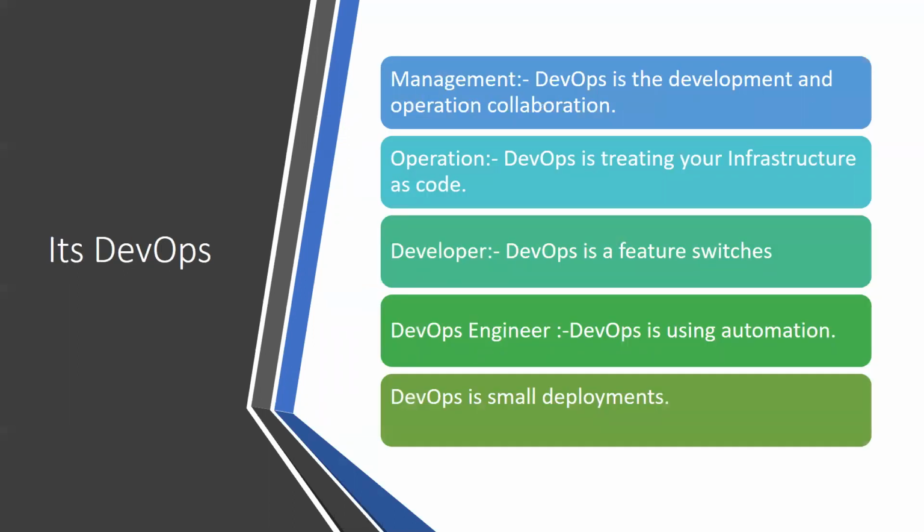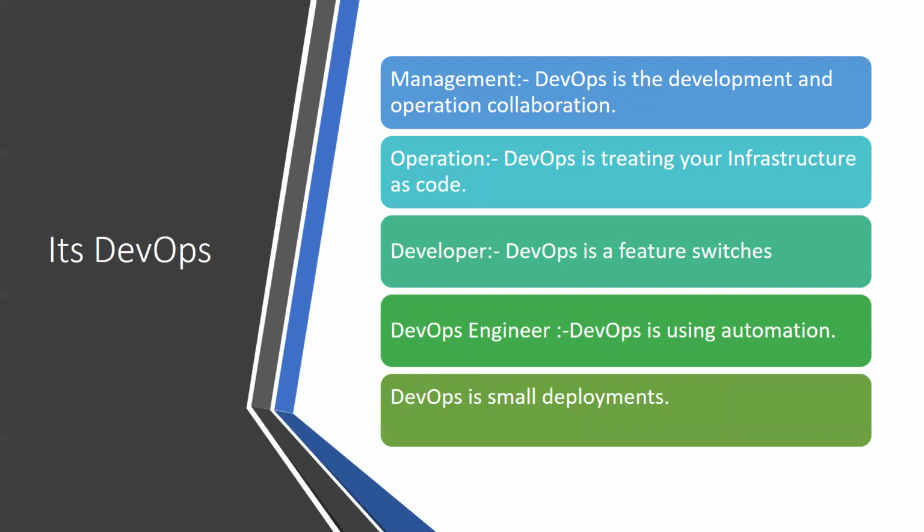When we say DevOps, what is DevOps for the different teams in IT? Say, for example, from a management point of view, DevOps is development and operation collaboration. From an operations point of view, it is treating your infrastructure as code, where we are developing infrastructure with code, in the sense that we are writing configuration management code.